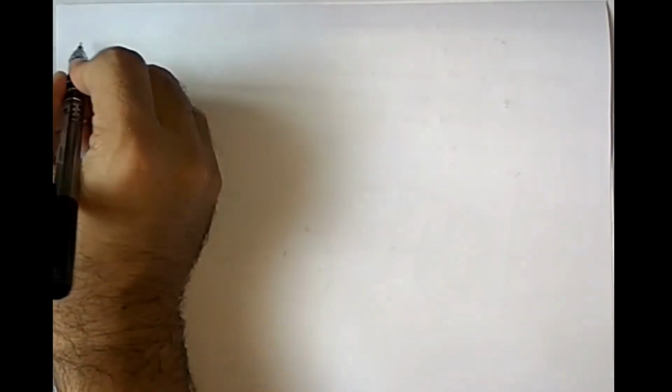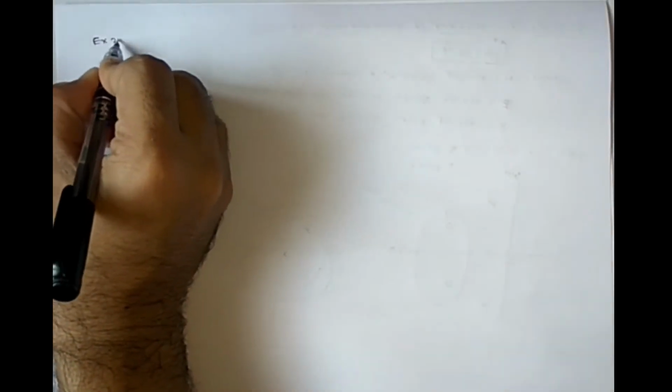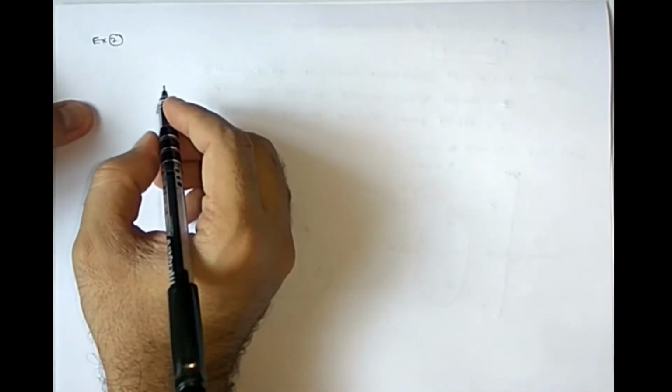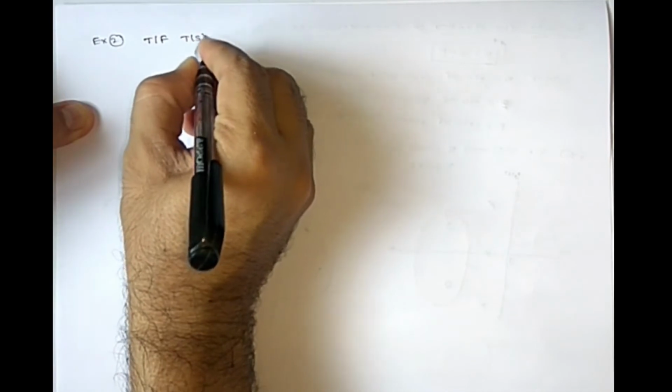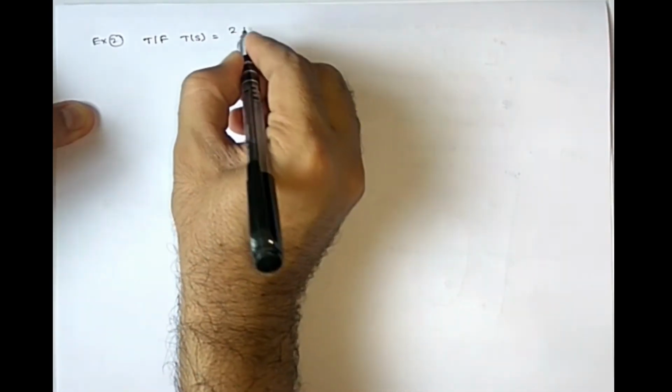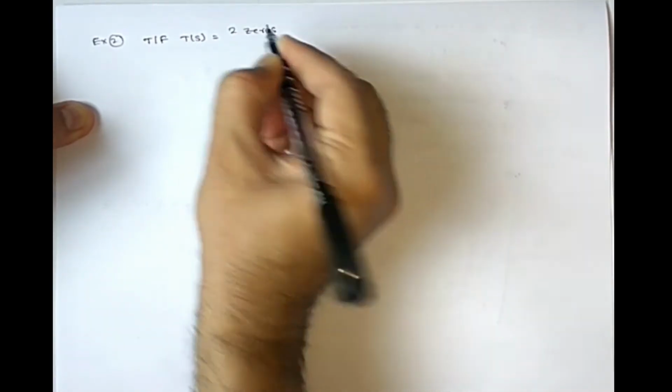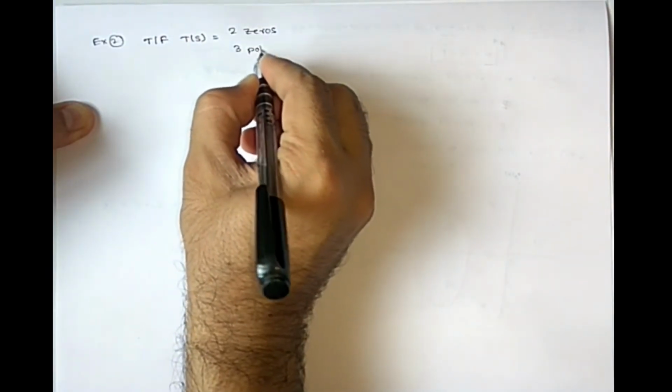Suppose we take example 2. Again, if you have transfer function T of S, same two zeros and three poles.